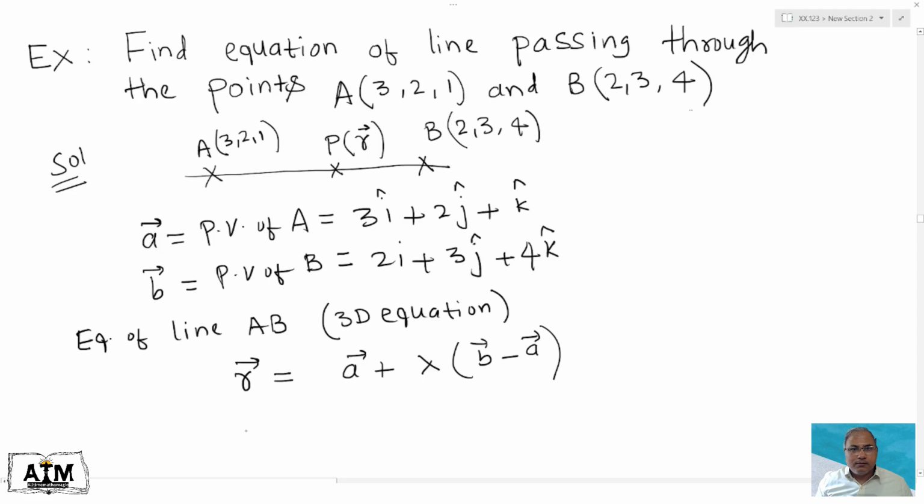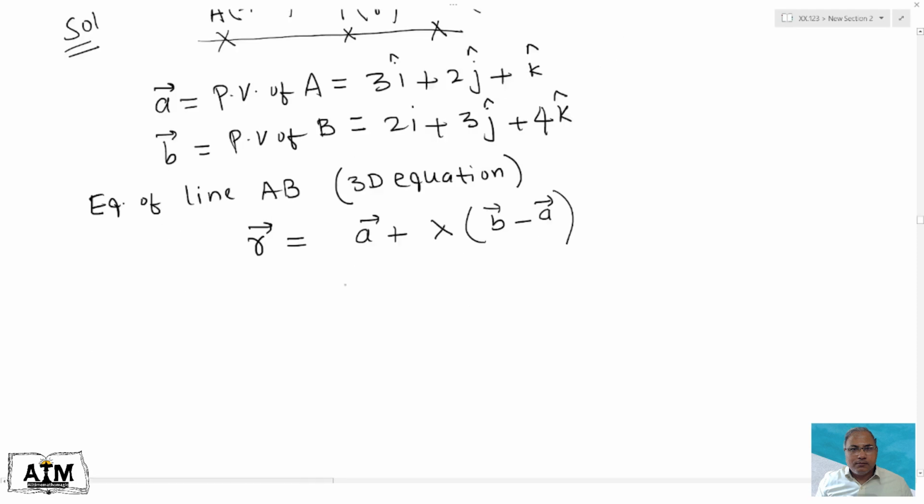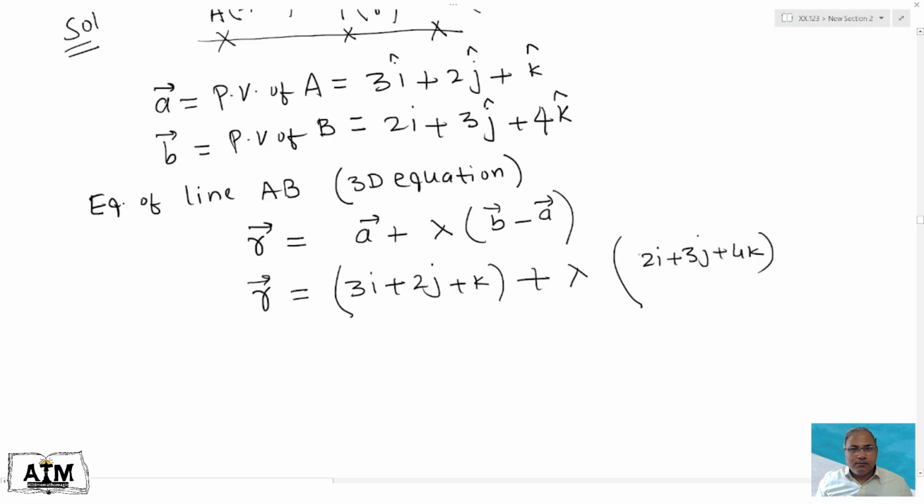Putting these values, we get vector R equals 3i plus 2j plus k plus lambda times the difference of vector B and vector A, that is 2i plus 3j plus 4k minus vector A, that is 3i plus 2j plus k.